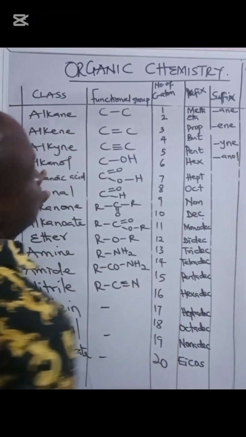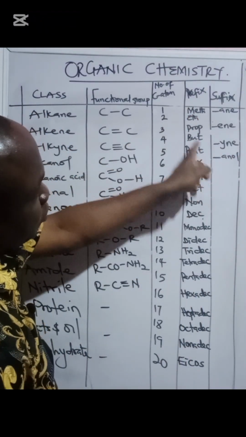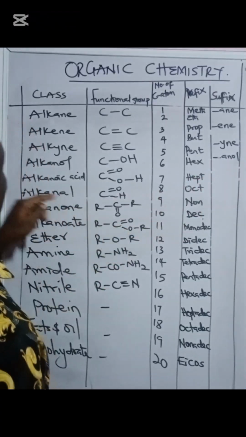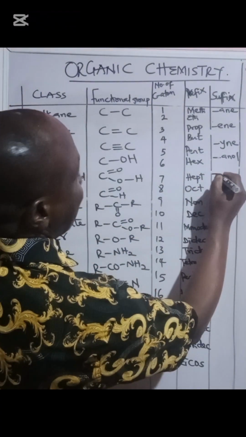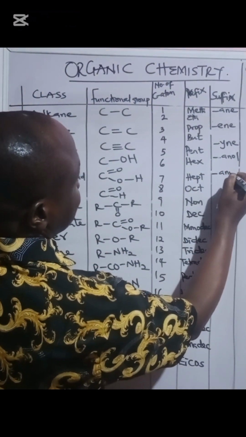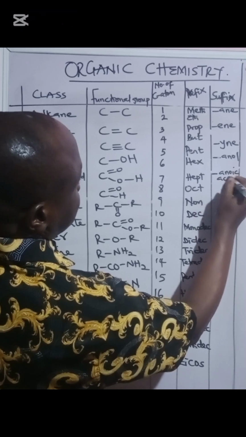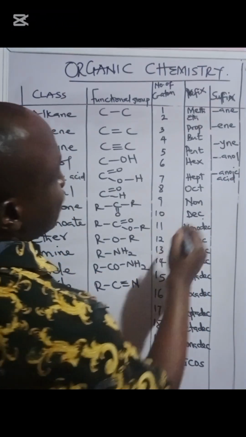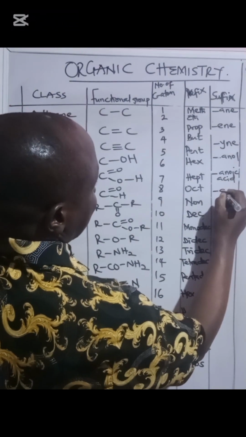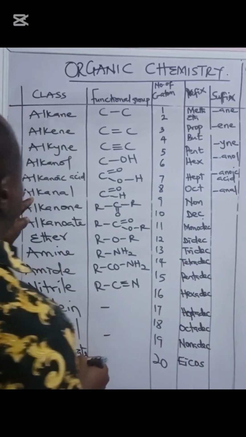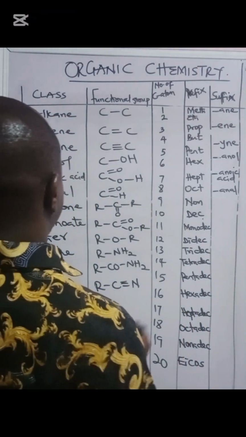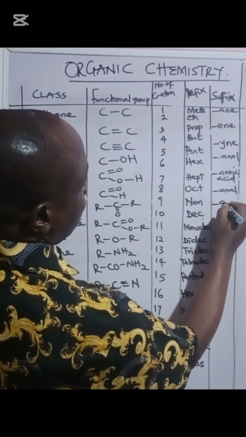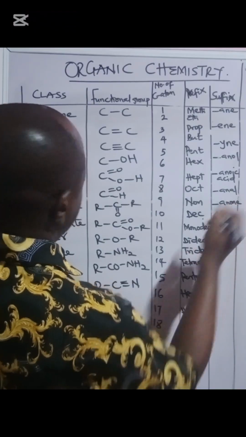This one will end with anol. If it is methanol, propanol, butanol, pentanol, hexanol. This one will end with anoic acid. This one will end with anal, methanal, alkanal. This one will end with anone.